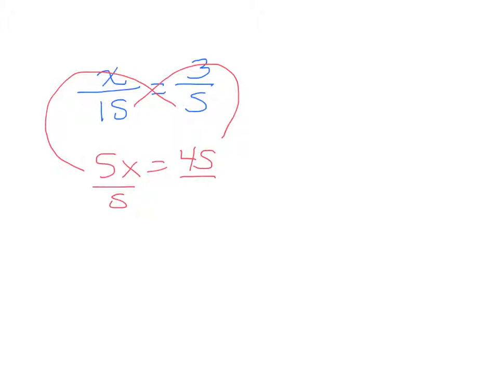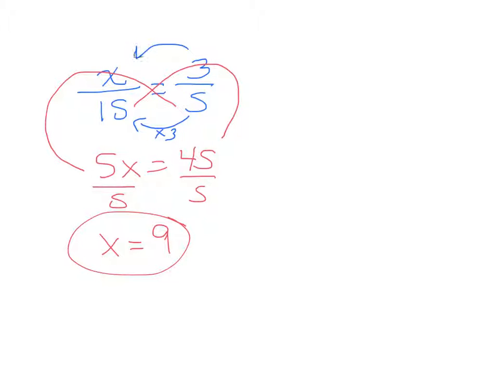Divide by 5, divide by 5. X will end up equaling 9. Could I have also done 5 times 3 gives me 15, so 3 times 3 gives me 9? Yes. But usually the cross products just give me a quicker, easier way of solving these.